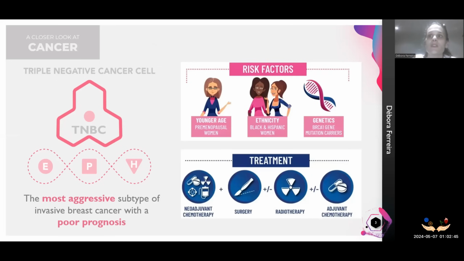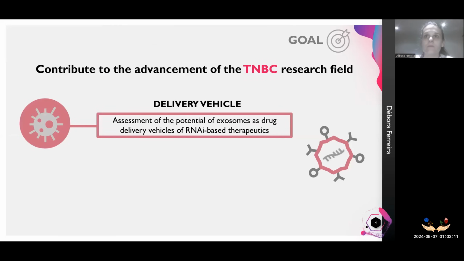Depending on the stage of the disease and other factors, radiation therapy and adjuvant chemotherapy may also be administered. Given that these therapies have some undesirable side effects, as we know, as well as limited efficacy, research has been conducted to find new, as well as more effective and selective therapies for breast cancer.